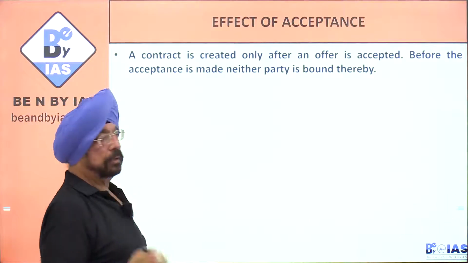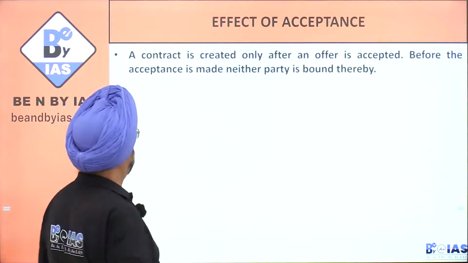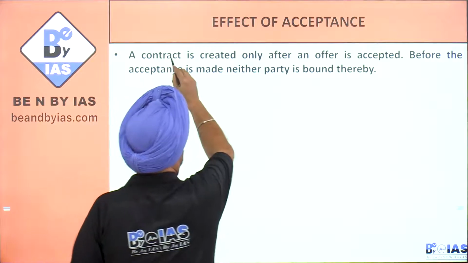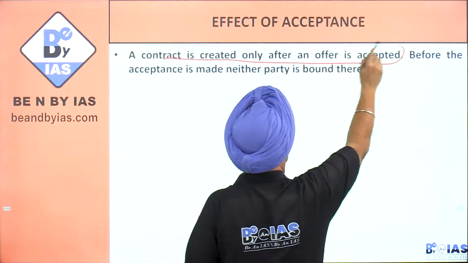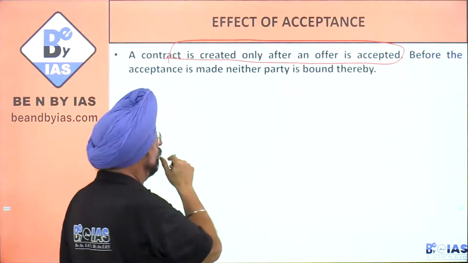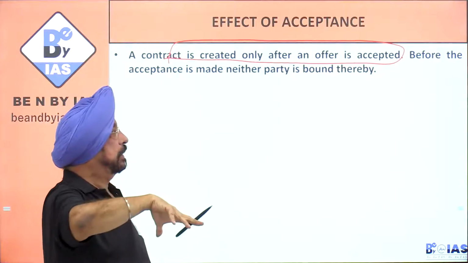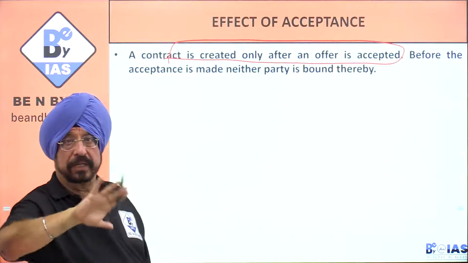So what is the effect of acceptance? The contract is created only after an offer is accepted. It becomes a promise. Before the acceptance is made, neither party is bound.